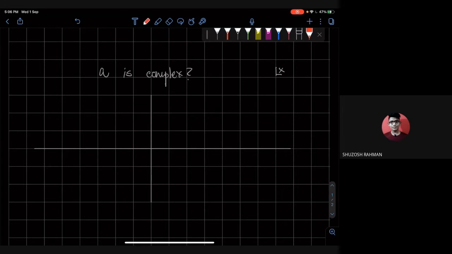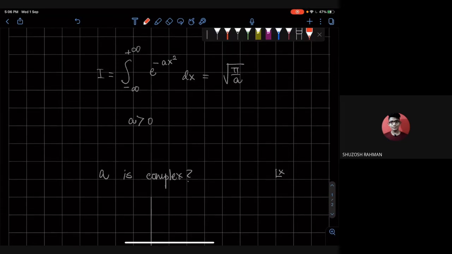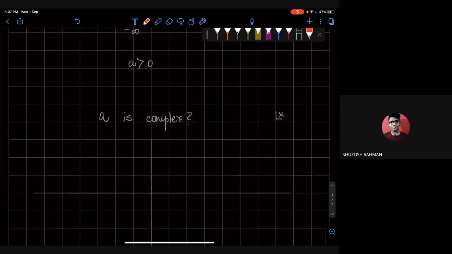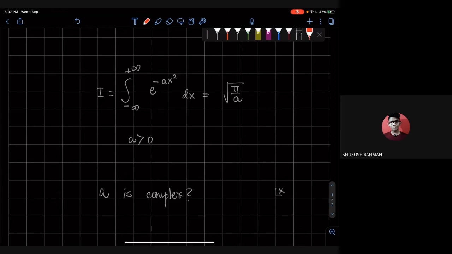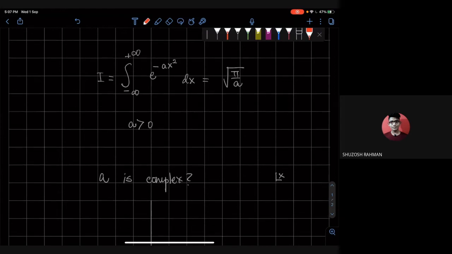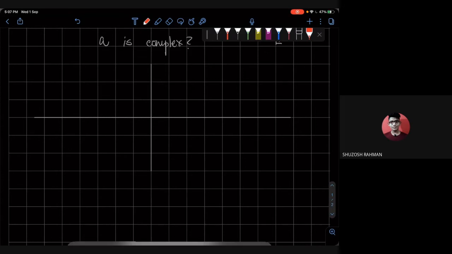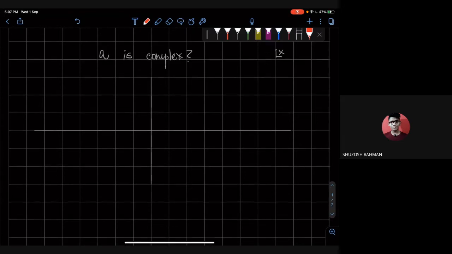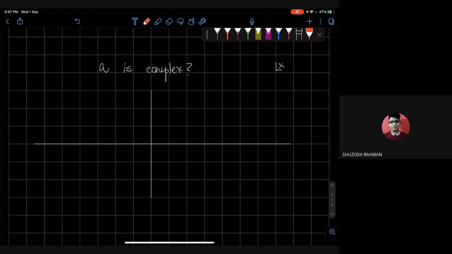If a is complex, then the integrand is a complex function, and it's actually an analytic function because it only depends on x and not x bar. So you're doing the integral along this contour.